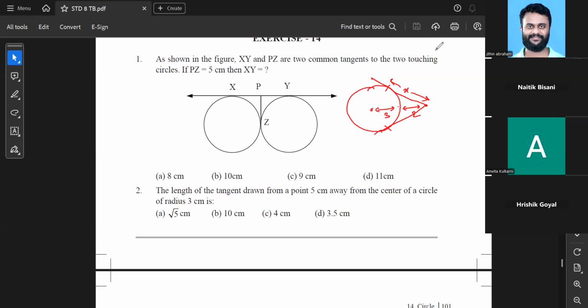You have to use Pythagoras only. In this case, when you join them, this is 90. This is 5, which is the hypotenuse. This is 3, and then 4 will be the last side. So x will be equal to under root of 5 square minus 3 square. It's 25 minus 9, 16, the 4. Option C will be your correct answer.